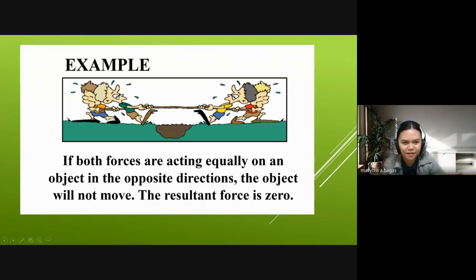Okay, example. We can see here 2 people on the left side and 2 people on the right side. If they have 10 newtons on the right side and 10 newtons on the left side, it will not move because they have equal force. Okay, the resultant is 0. 10 minus 10 equals 0.